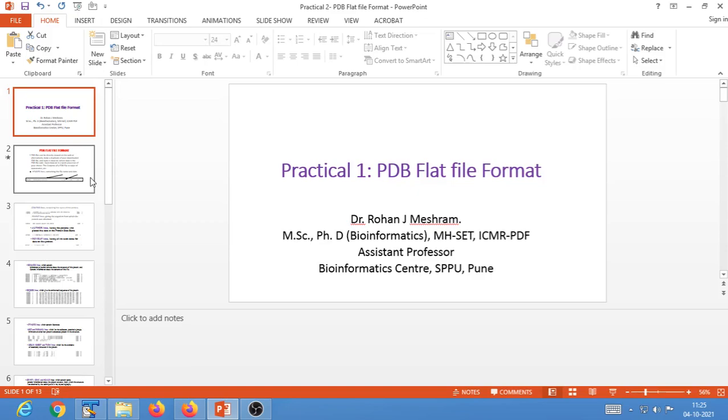So in today's lecture, as I have already mentioned, we will talk about how the structural data is arranged in a typical PDB file.